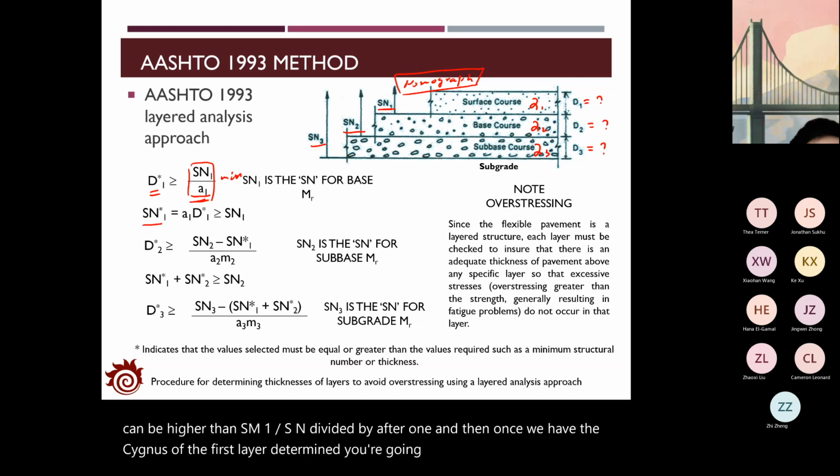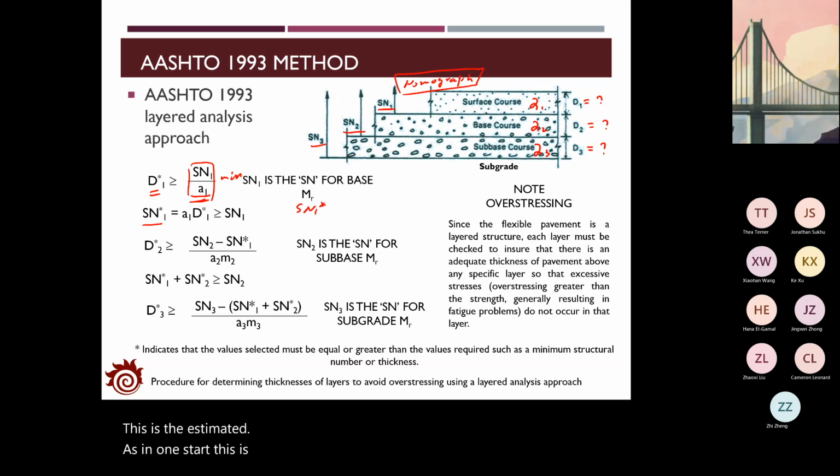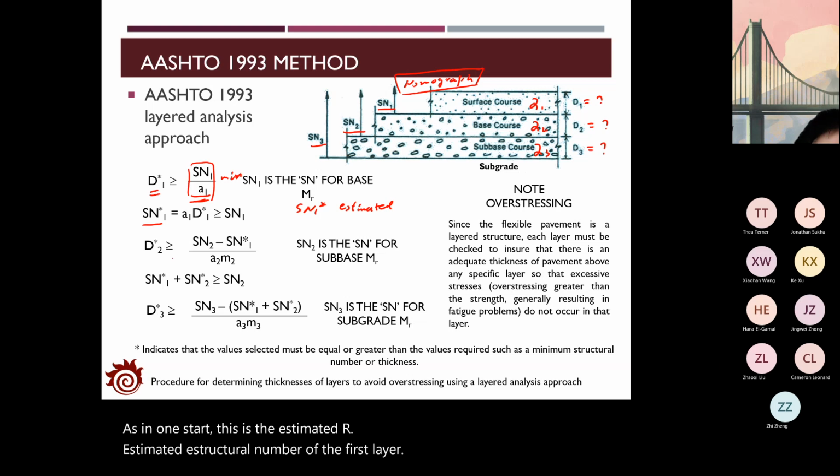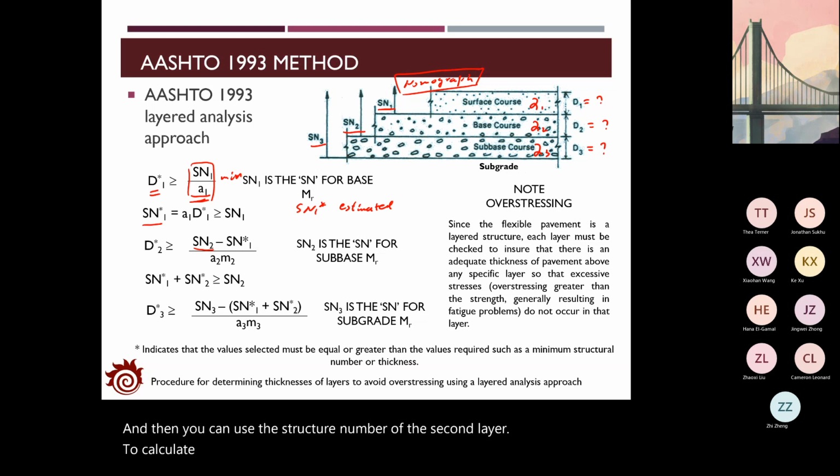And then once you have the thickness of the first layer determined, you're going to calculate the SN1 star. This is the estimated structure number of the first layer. And then you can use the structure number of the second layer to calculate the value of the thickness for the second layer.